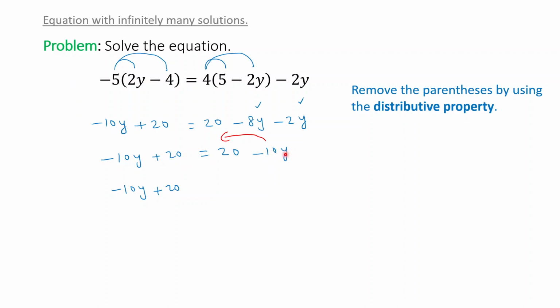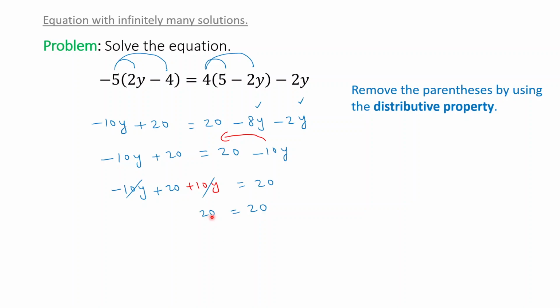Negative 10y becomes positive 10y, that is equal to 20. Now you can cancel negative 10y, positive 10y, and you have 20 is equal to 20.